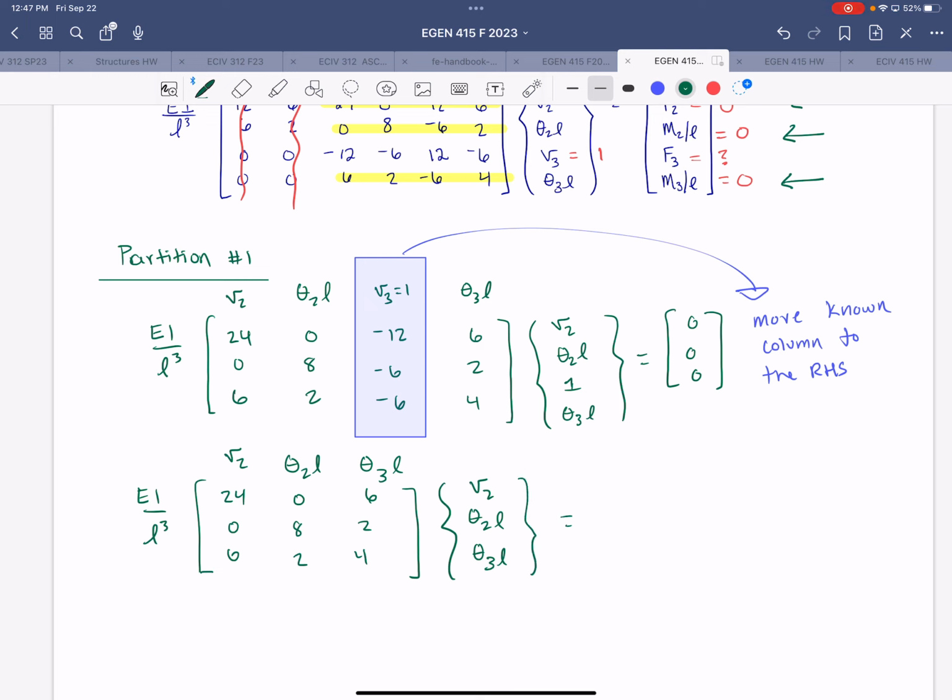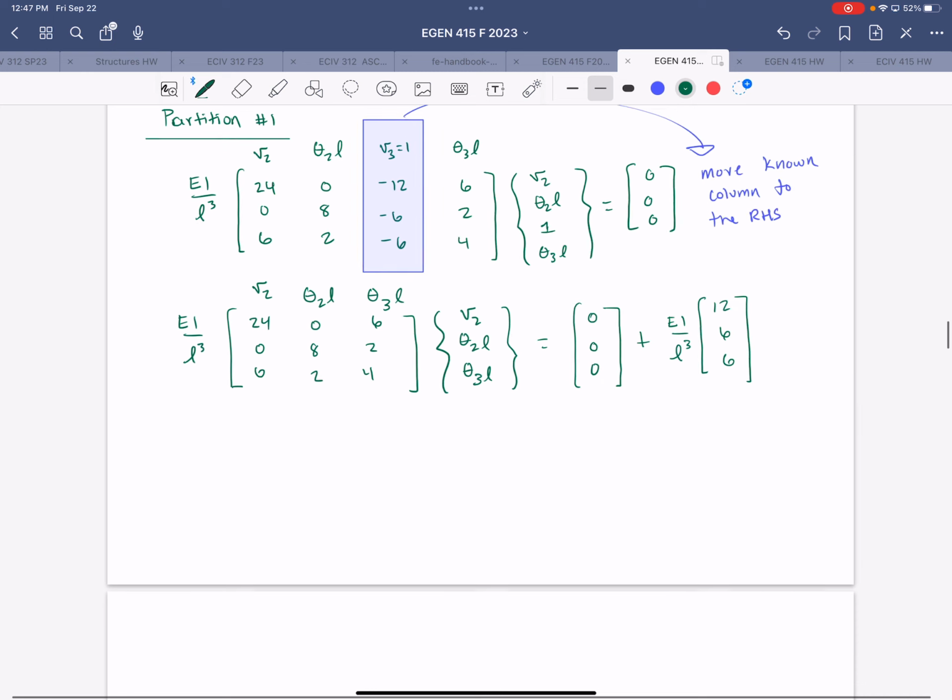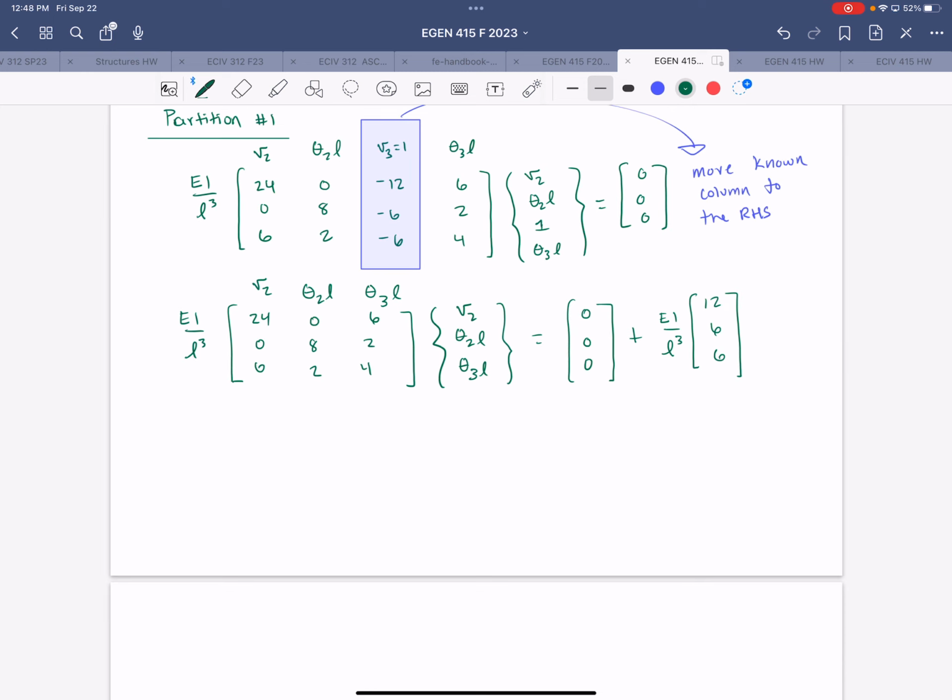And then our right-hand side will be our original matrix of known forces plus EI over L cubed times 12, 6, and 6. All right, so now we can go ahead and solve that.